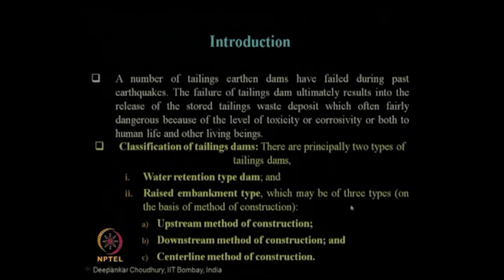That is, there are three approaches, and based on that, their subclassification has been made. One is called the upstream method of construction, another is the downstream method of construction, and the other one is the centerline method of construction. Among these three, the most commonly used are the upstream and downstream methods of construction.